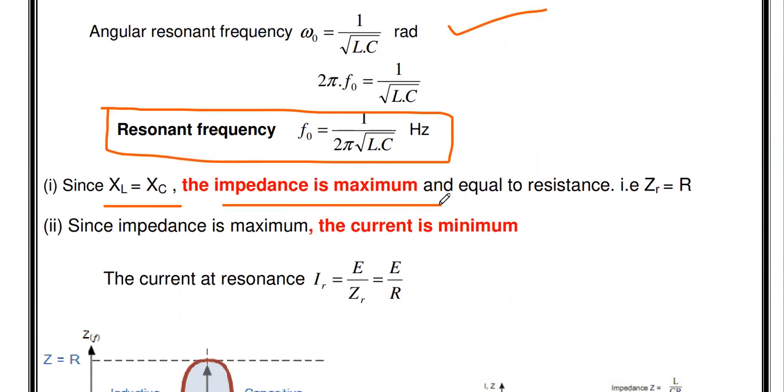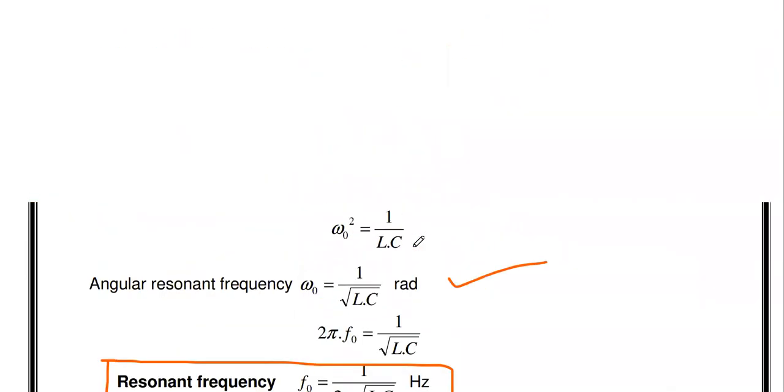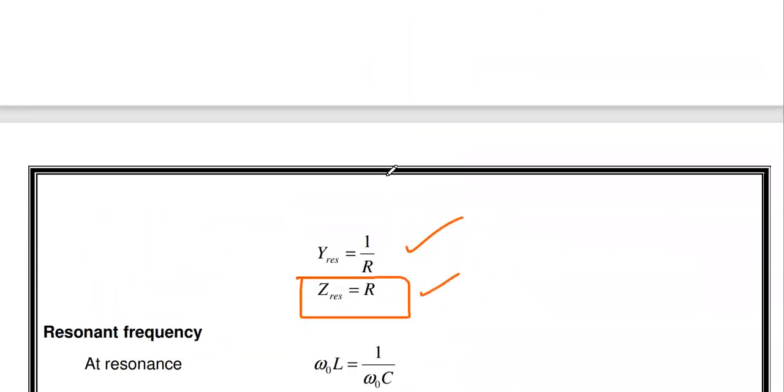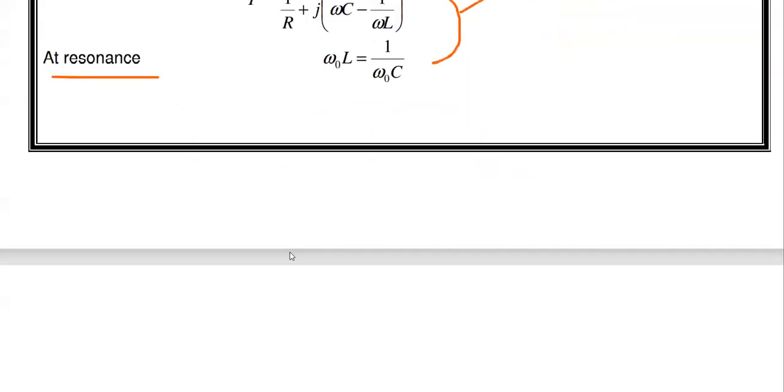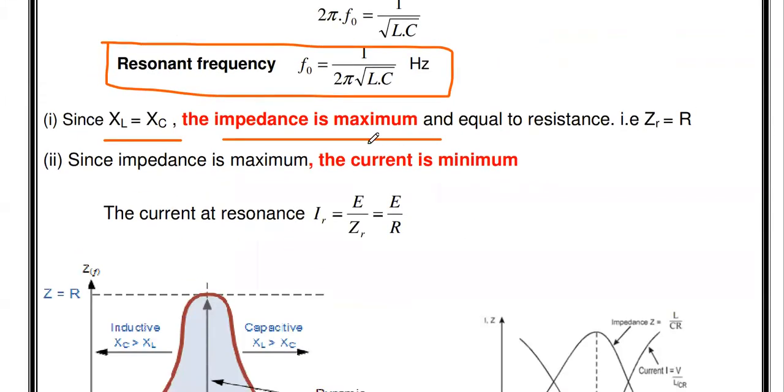But in series RLC circuit, the impedance is minimum. Impedance value is minimum in series RLC circuit. But here, in the resonance condition, the impedance reaches the maximum value. What about the current?